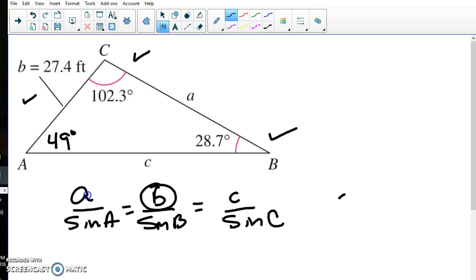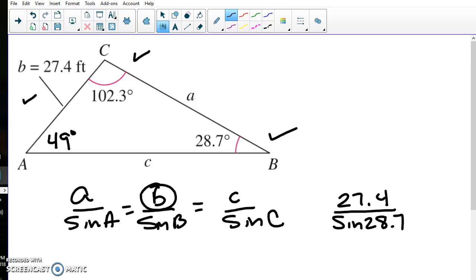We're going to set that up. So b is 27.4, and we have the angle B, so we can find the sine of 28.7. We have a ratio. What we're looking to find is all of the remaining angles and sides. So you guys just have to decide where you want to start and then go from there.